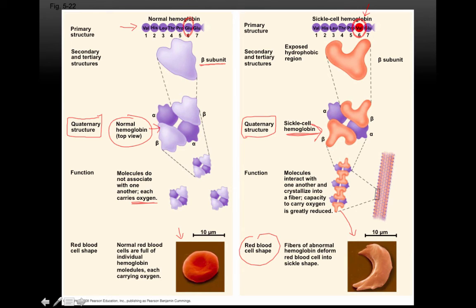For example, the mutant hemoglobins have a greatly decreased capacity to carry oxygen to the tissues. And because they are changing the shape of the red blood cell, these sickle-shaped cells tend to stick in capillaries and cause other problems.